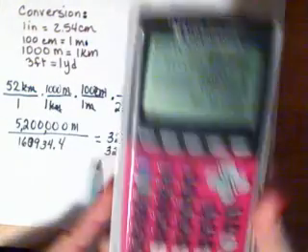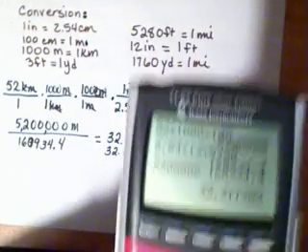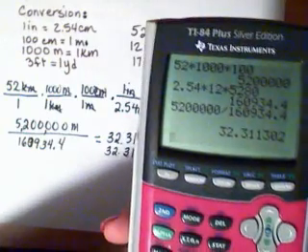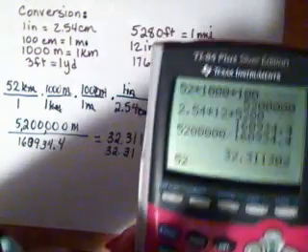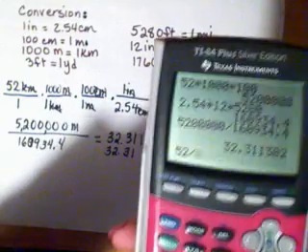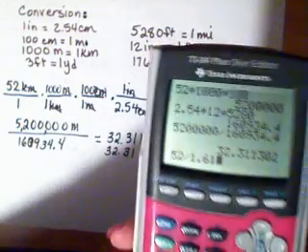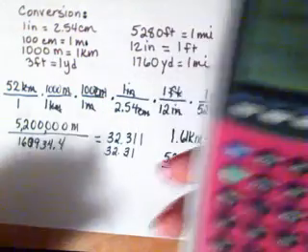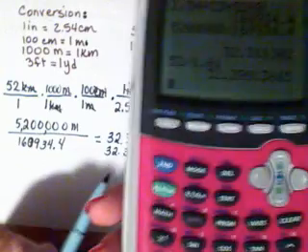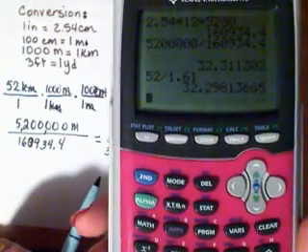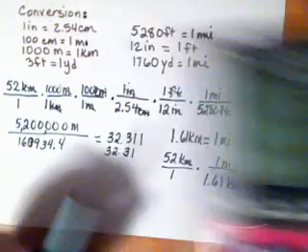So that I end up with 52 divided by 1.61, and look what it turns out to be. It's 32.298.